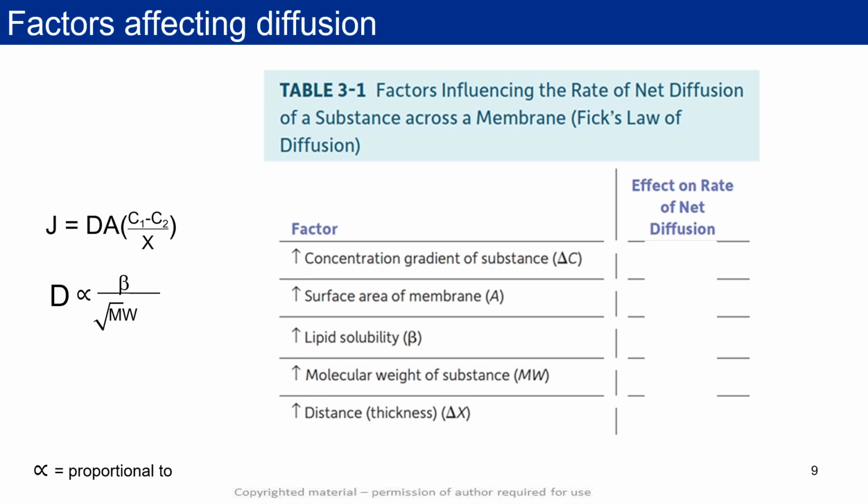Conditions that would make D larger would increase the rate of diffusion. Temperature can also influence diffusion rate. Think about how temperature affects kinetic energy of molecules. Look at each factor listed in this table and, using the equations, predict its influence on the diffusion rate.